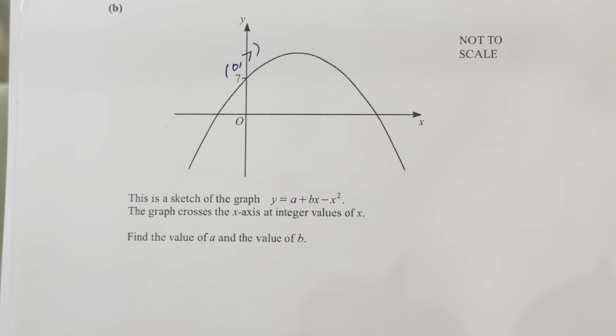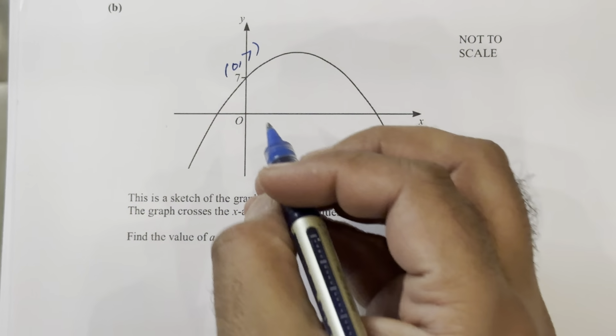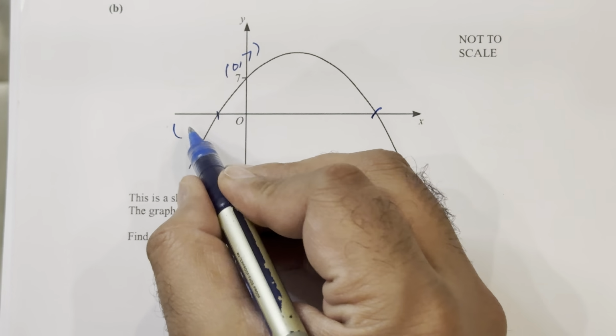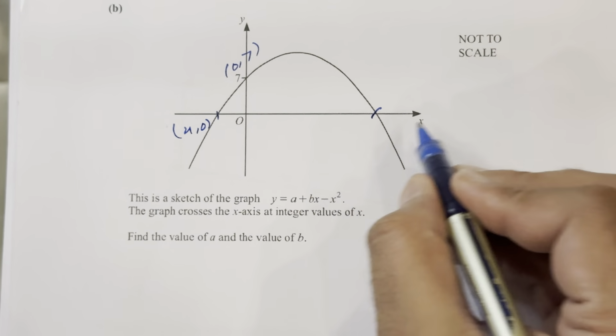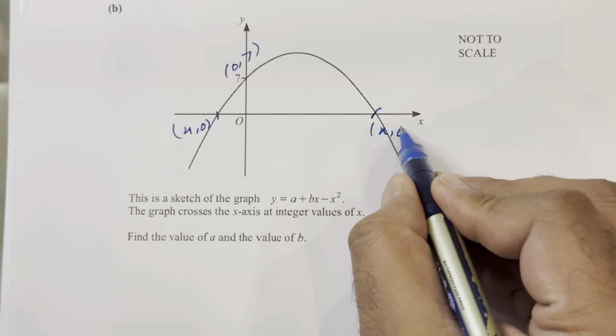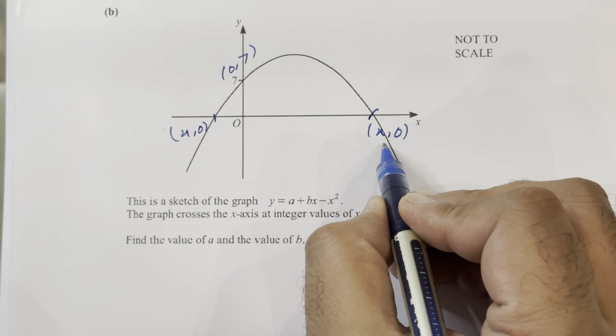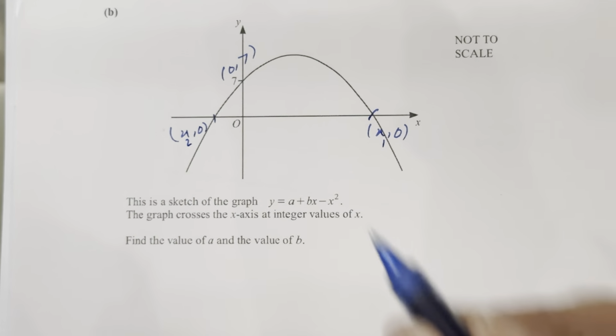The graph crosses the x-axis at integer values of x. It means this should have integer values of x. Or you can say this is x1, this is x2.